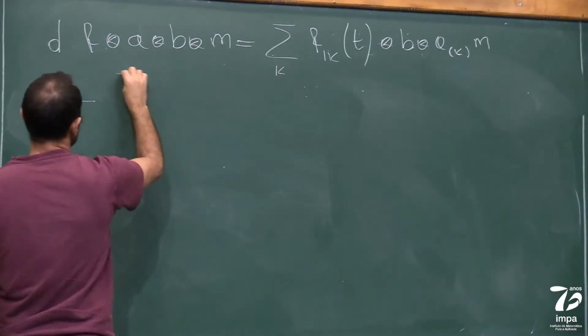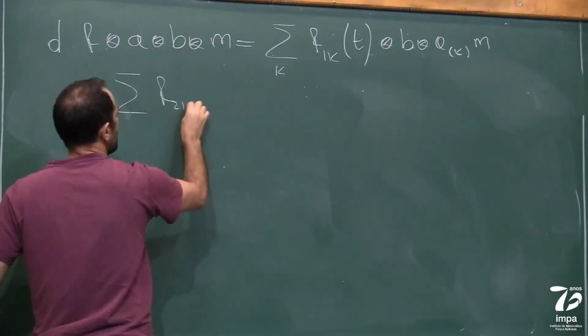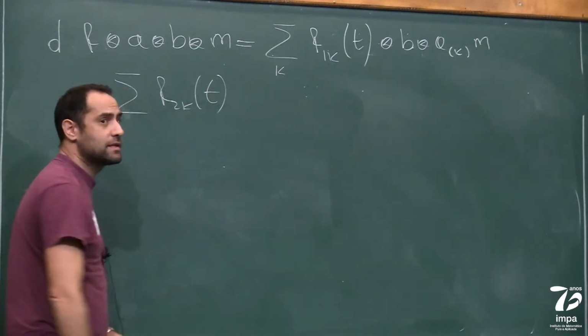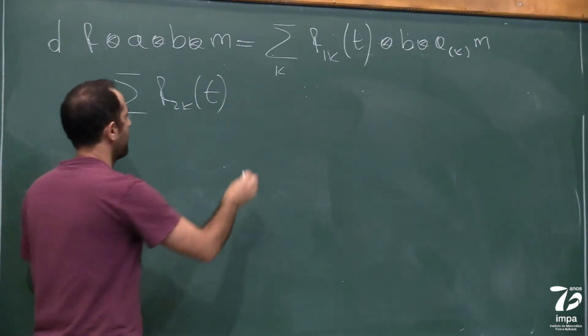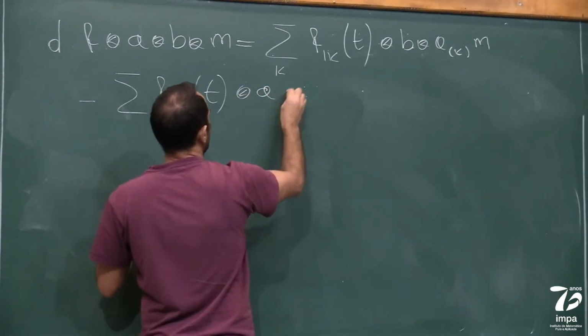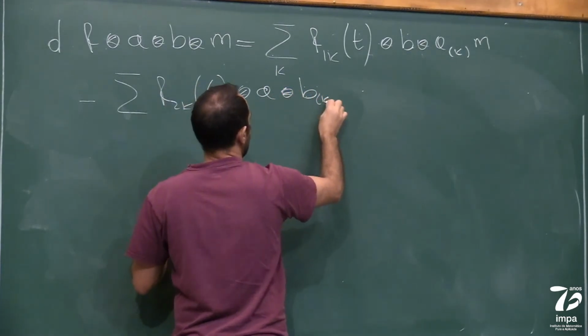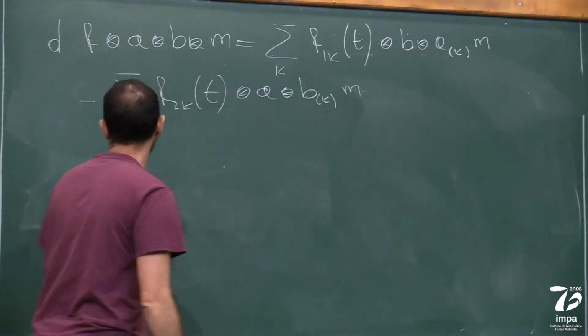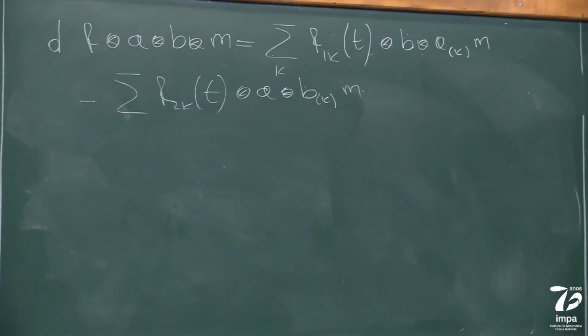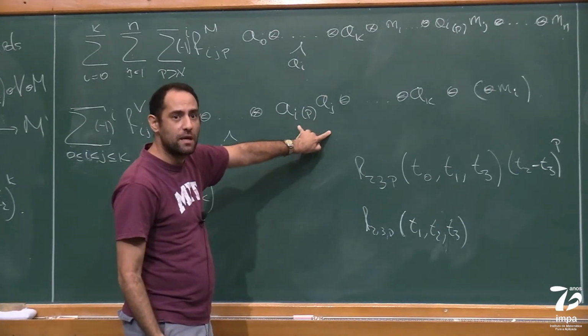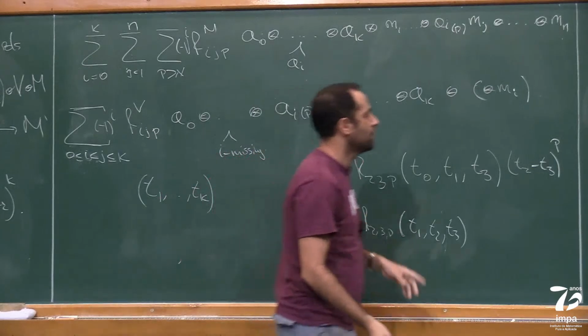Then I have minus the sum of f2k. This depends on only one coordinate, so that coordinate is again t. Tensor a, tensor b k m. And the last summand here is I need to apply the multiplication of a on b and put them in the position of b.